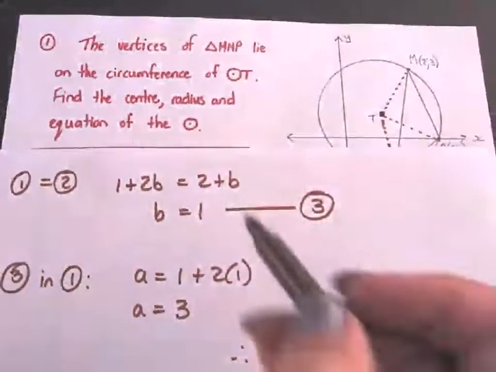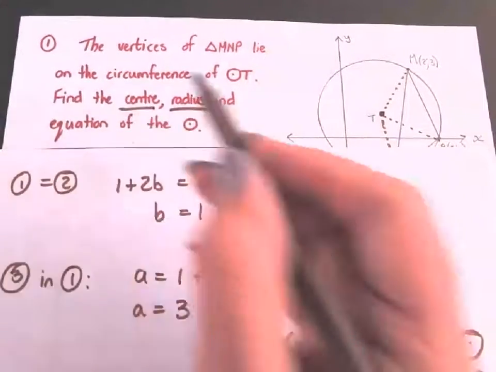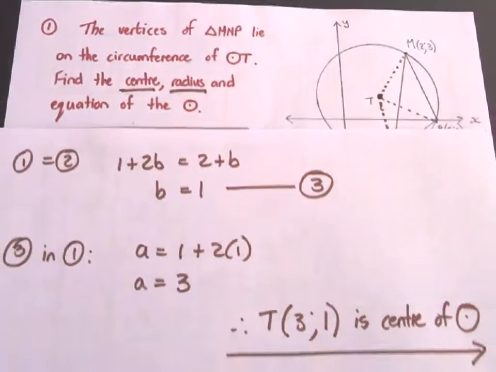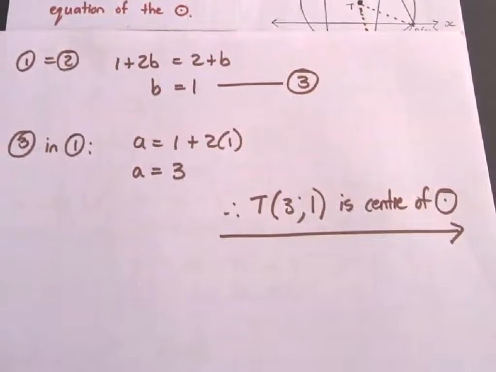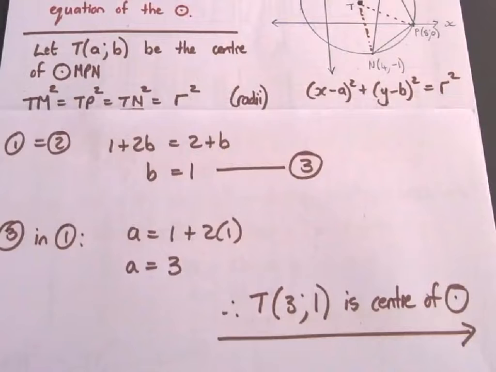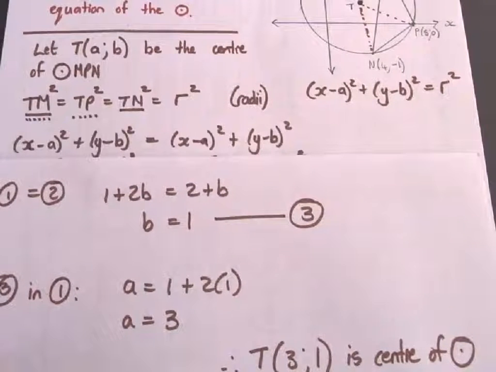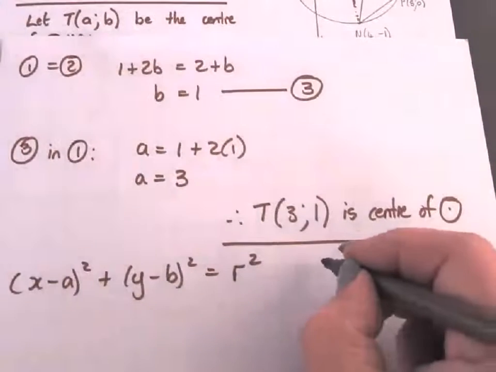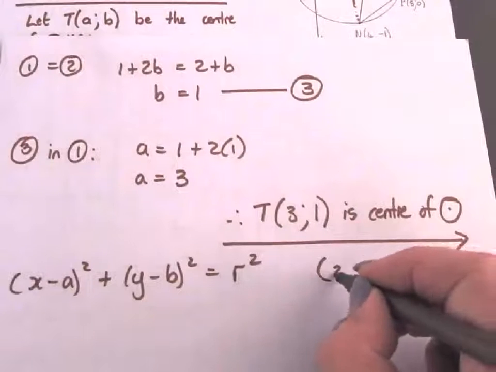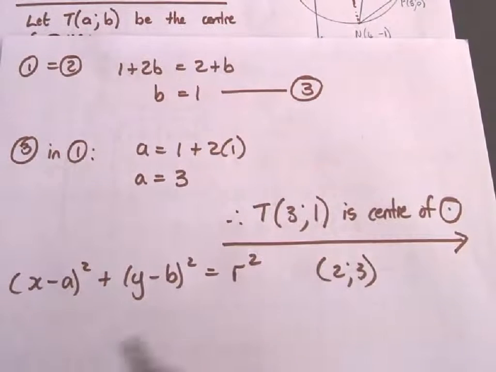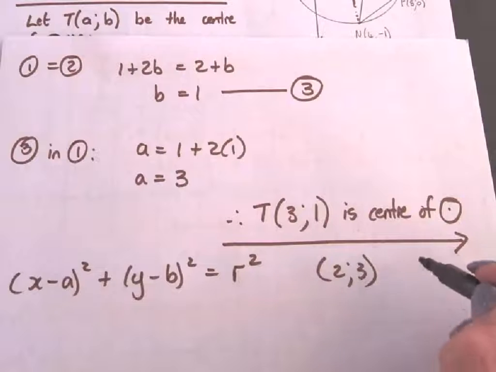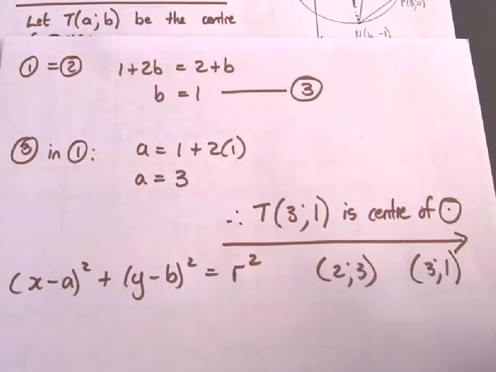Now they also want the radius. We got the center. How will I get the radius? General formula: (x minus a) squared plus (y minus b) squared equals r squared. I'm going to substitute the point, which is 2 and 3, and I'm going to substitute 3 and 1, which is the center.